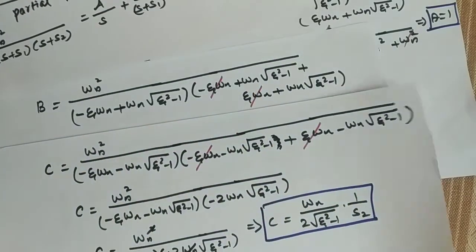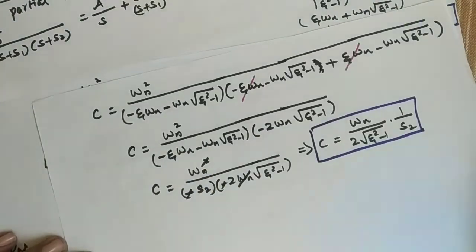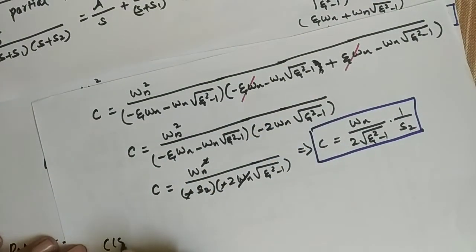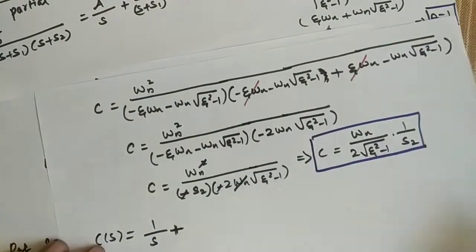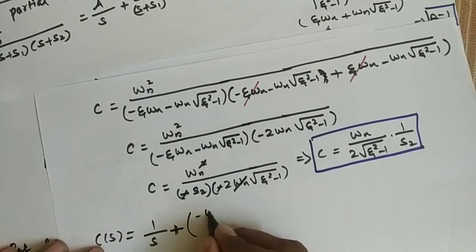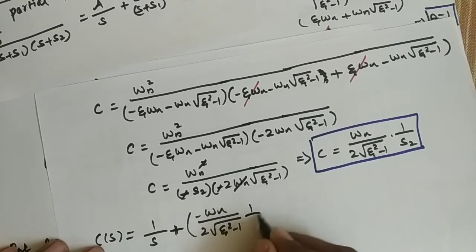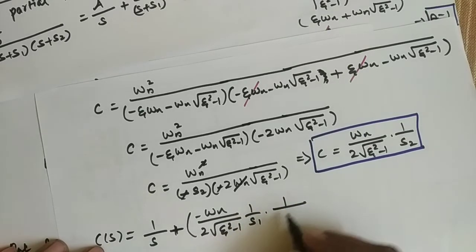Okay, so now C of s equals A times 1 by s plus the B value, which we are getting as minus omega n divided by 2 root of eta square minus 1, into 1 by s1, into 1 by s plus s1.